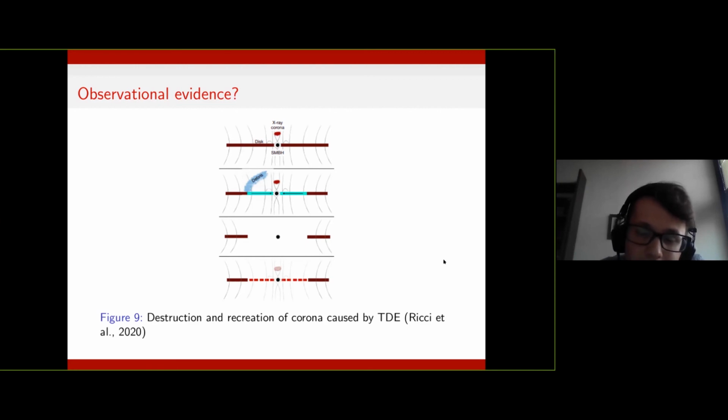And this is the picture from their article, where in the first panel we see the pre-stage prior to the tidal disruption, with the accretion disk, the supermassive black hole at the center, and the X-ray corona present slightly above the accretion disk.